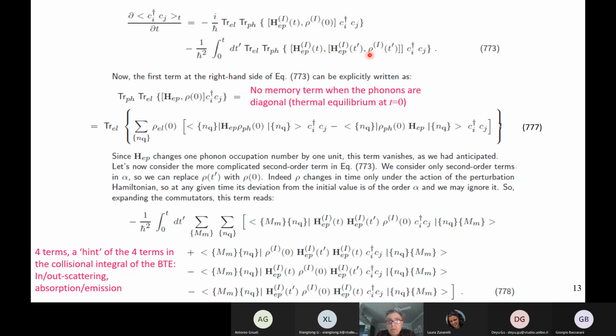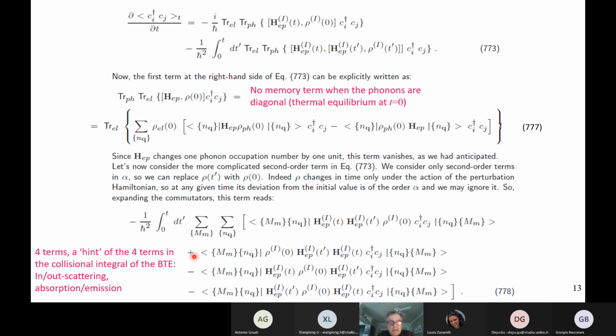We have two terms coming from the commutator here, and then we have to take the commutator again with the electron phonon Hamiltonian at this different time. So we end up with four different terms that I have written down explicitly over here. Of course, the order in which the various H's and the rho happen is important. It matters.